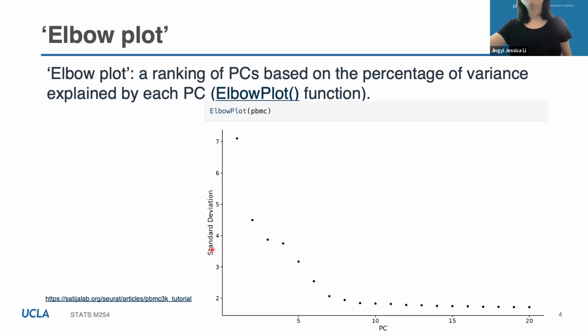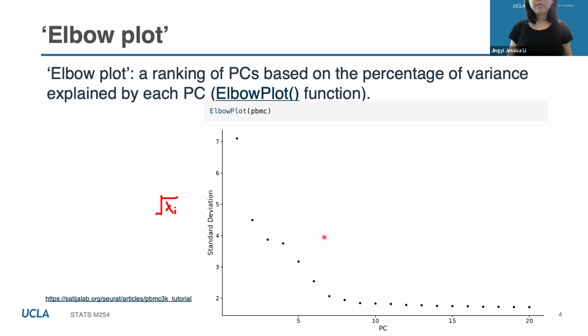So lambda 1 is the variance of PC1, lambda 2 is the variance of PC2, and lambda 1 is the largest eigenvalue of X transpose X. The standard deviation is the square root of the variance. So basically we're plotting the square root of lambda_i for the ith PC. So this is what we are plotting.